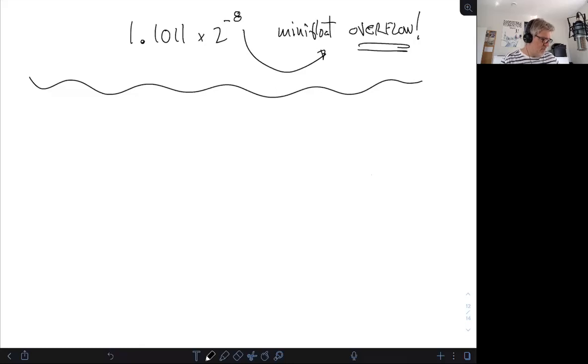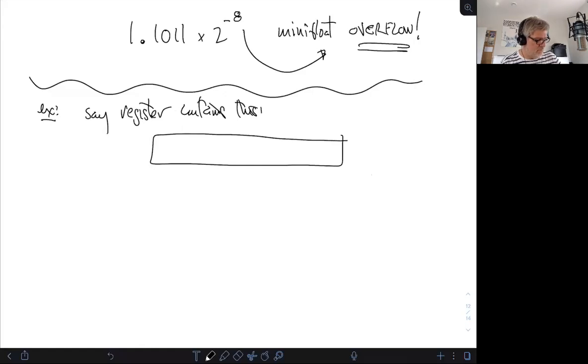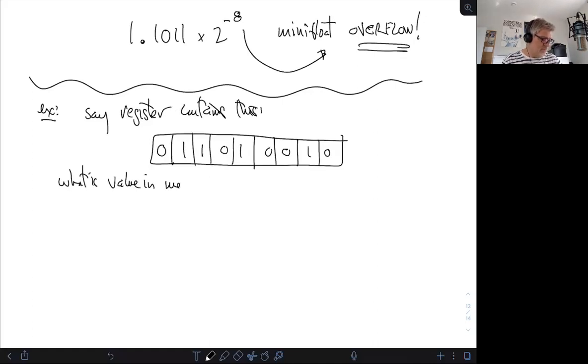Okay, let's try one. I have 9 bits. Okay, so this is what the register contains, and I want to know what is the value in memory.